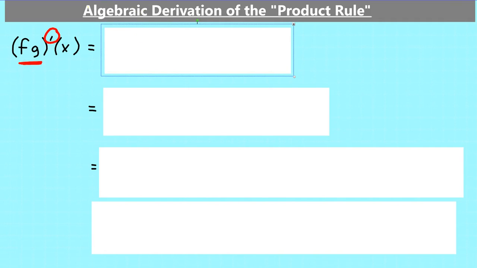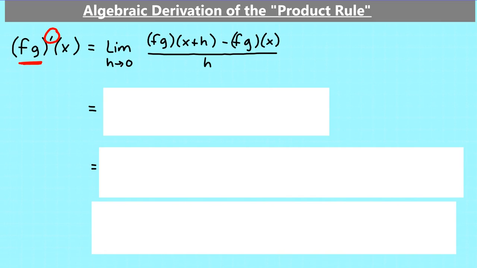Okay. So that means what we're trying to do is find the limit of the slope of the secant line, right? Because that would give you the slope of the tangent line. And so we have the limit of the function evaluated at x plus h minus the function evaluated at x over h, and we have the limit as h goes to 0.